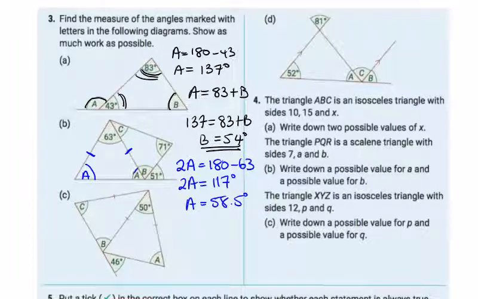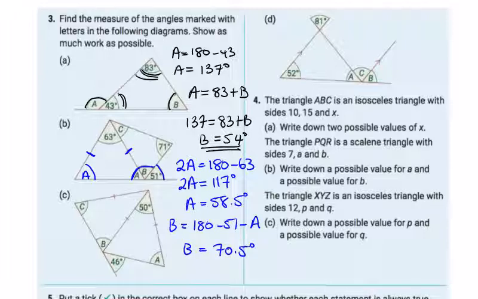And now that we have this angle, this one, and B add up to 180. So we can say B is equal to 180 minus the 51 minus A, which is 58.5. I'll just write A to fit it in. So B is equal to 180 minus 109.5, which is 70.5.